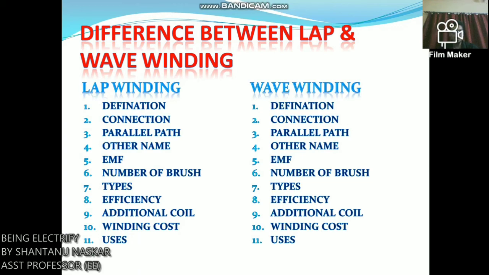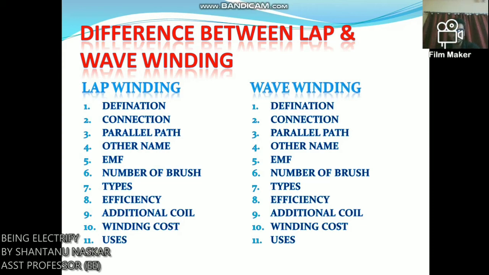Other name: lap winding is called parallel winding or multiple winding, and wave winding is called two-circuit or series winding. EMF is less for lap and more for wave. Number of brushes: equal to the number of parallel paths for lap, and 2 for wave.